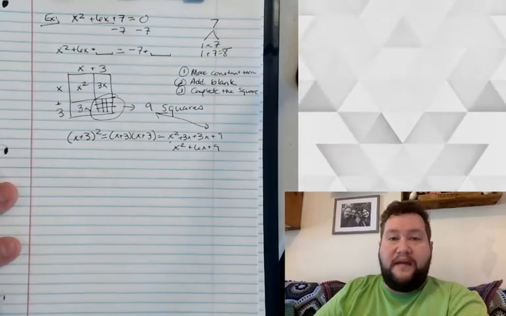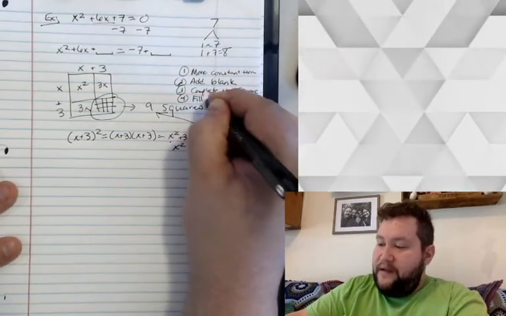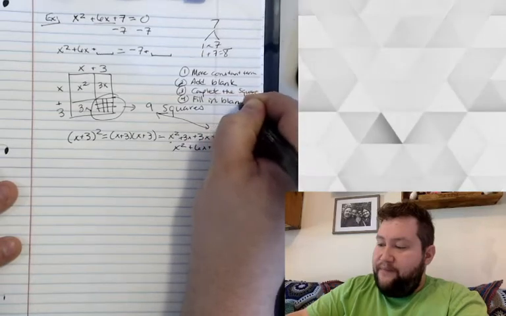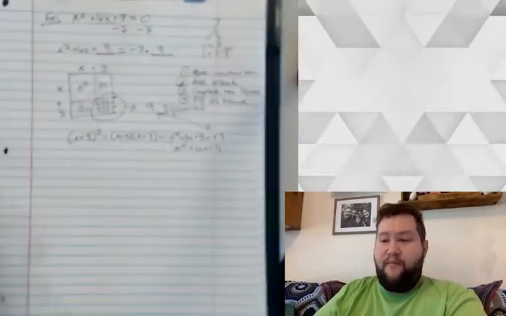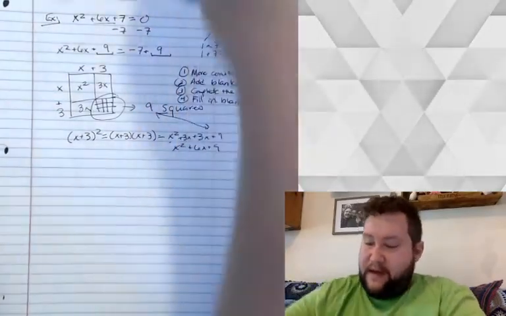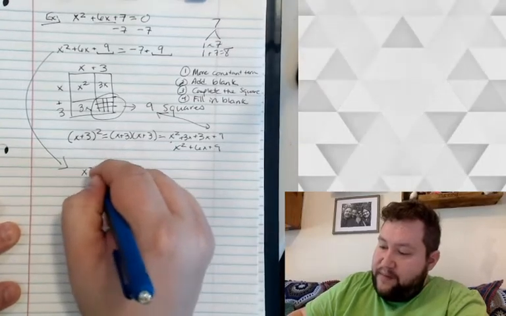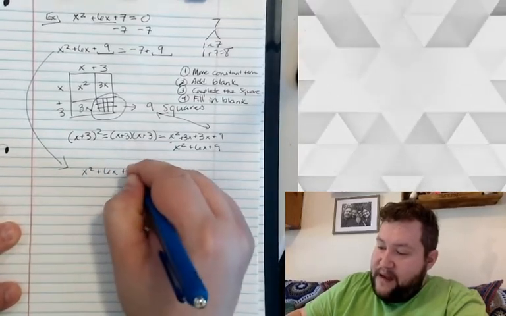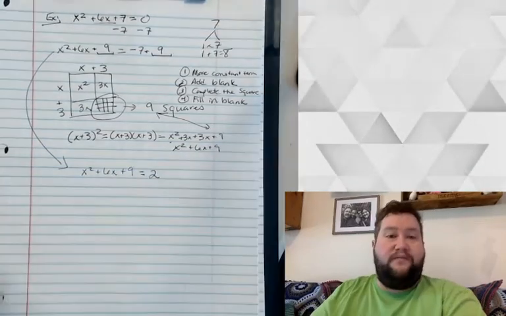So our blank is 9. Complete the square. Fill in the blank. Add 9 to both sides. And let me go ahead and move this down here. So we have x squared plus 6x plus 9 equals negative 7 plus 9 is 2.